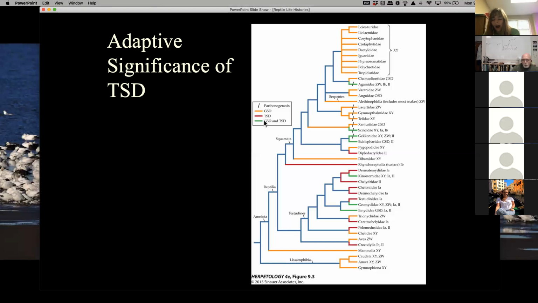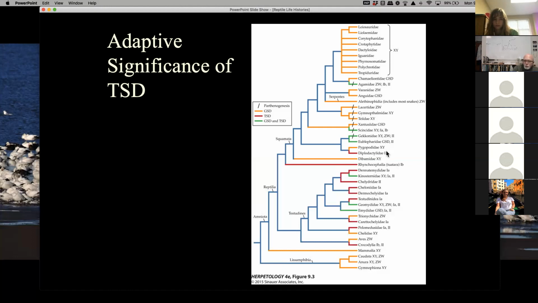We have both genotypic sex determination and temperature-dependent sex determination also in a number of geckos. But one of the things that you'll notice is that the sex-determining mechanism has evolved repeatedly over the course of the evolution of the reptiles. Many different independent evolutionary events that produced TSD.